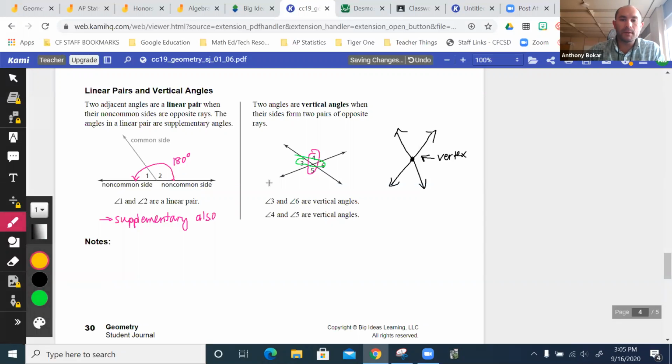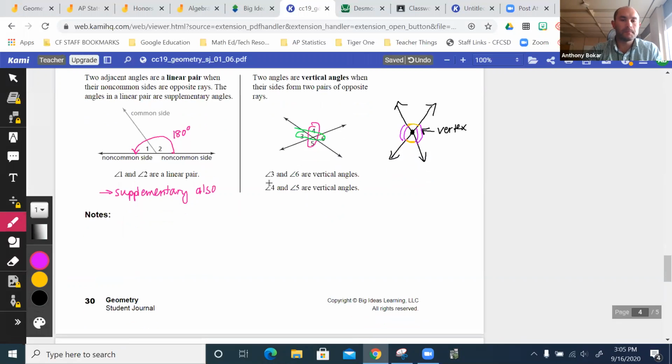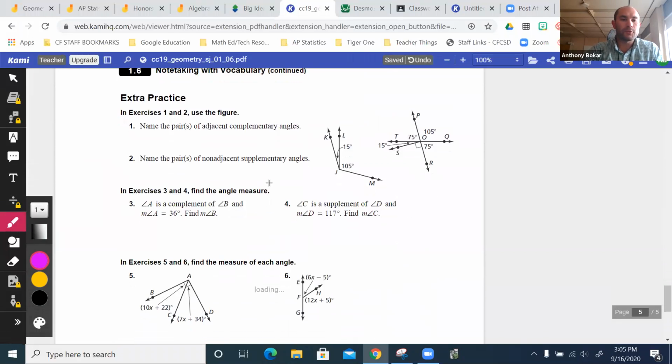This angle over here and this angle over here, those are going to be vertical angles, and same thing with the ones I'm about to mark in purple. So these two over here in purple are also vertical angles, and that vertex is that point in the middle, okay?